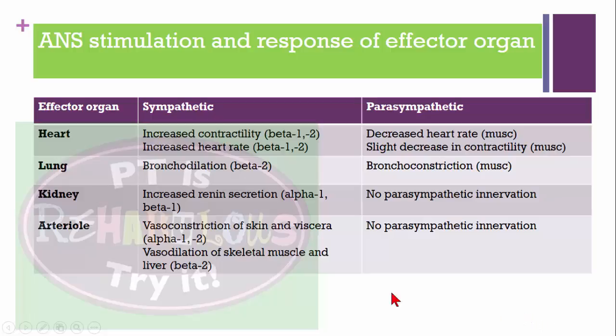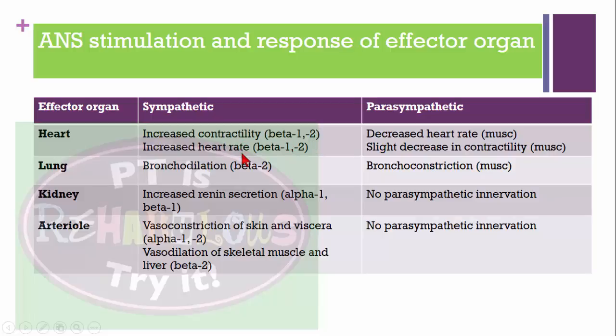Now we are going to see autonomic nervous system stimulation and the response of effector organs. The effector organs are heart, lung, kidney and arterial. For the sympathetic effector organ heart, sympathetic stimulation will increase contractility and heart rate, via beta 1 and beta 2 receptors.